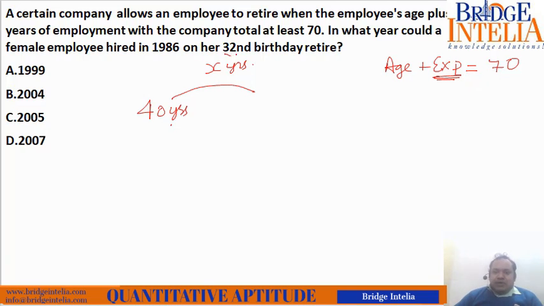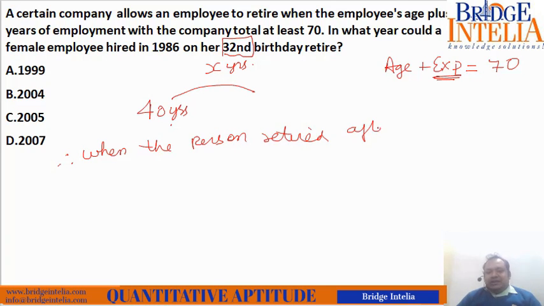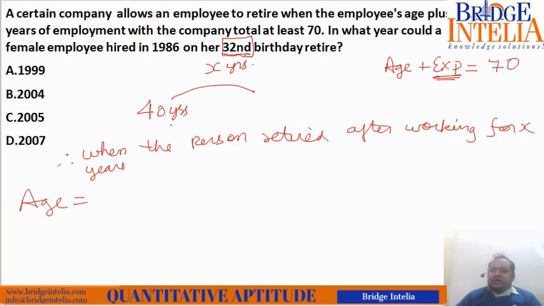So let's suppose he joined on his 32nd birthday and he retired after working for X years. So at the time of retirement, his age was 32 plus X, since he joined when he was 32 years old.